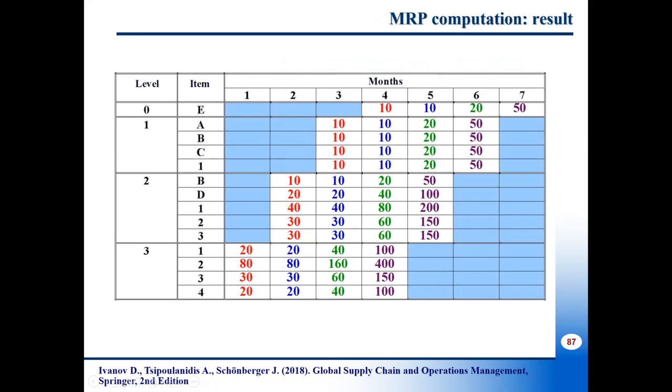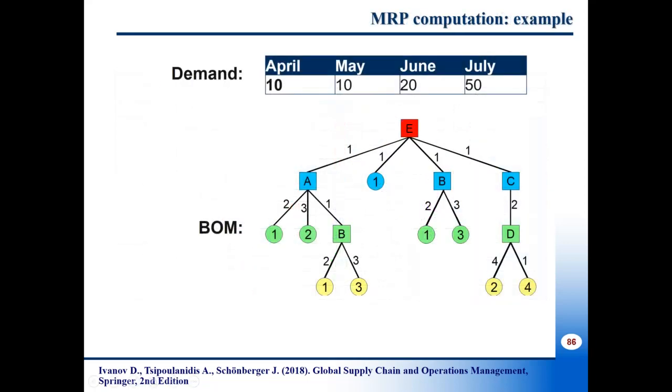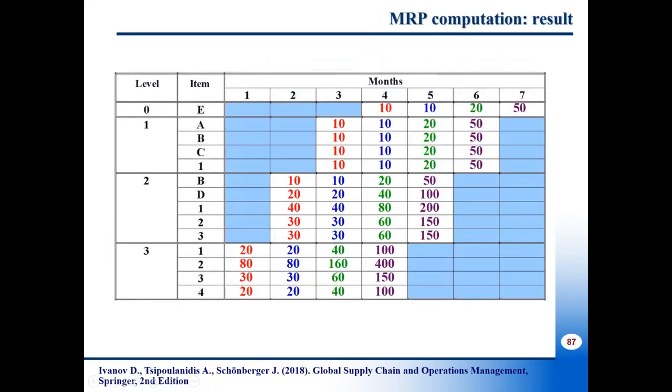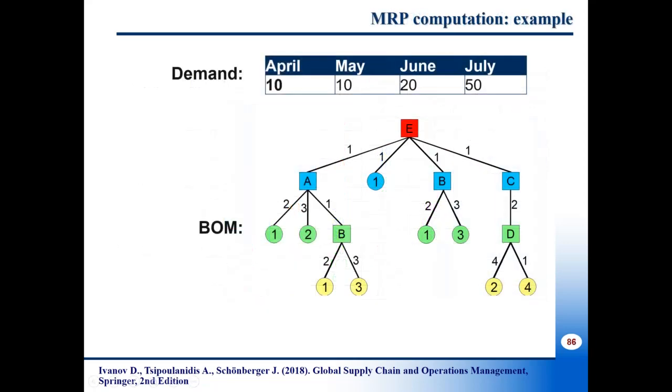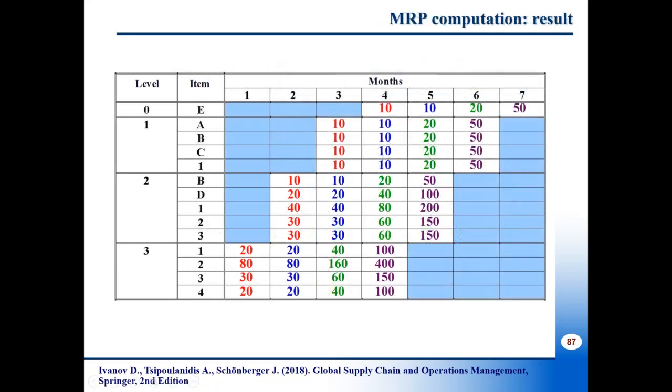And therefore here for component number 1 we have 40, because the demand is 10 for April, and 2 months prior to April, that is in February, component 1 is needed at 40 items.